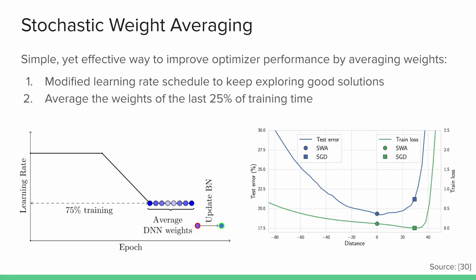And stochastic weight averaging works in tandem with any other optimizer because you just perform stochastic gradient descent as you would before, but you just keep track of those weights and average them in the end. So it's a very simple yet effective way how you can potentially improve the performance of your neural network even further.